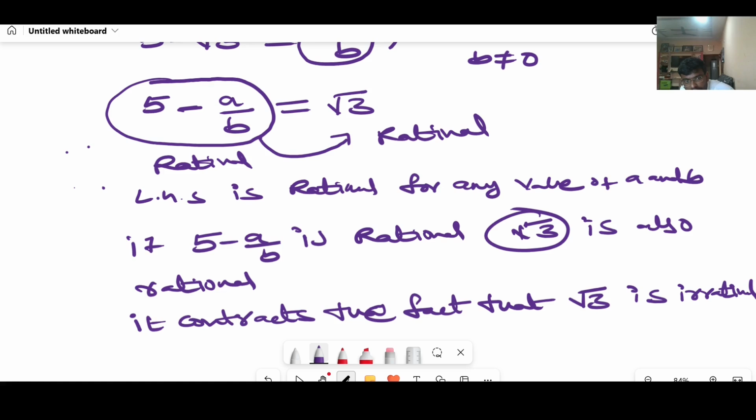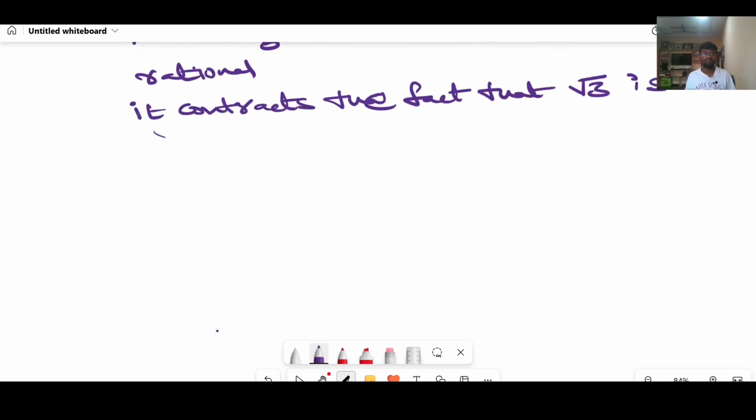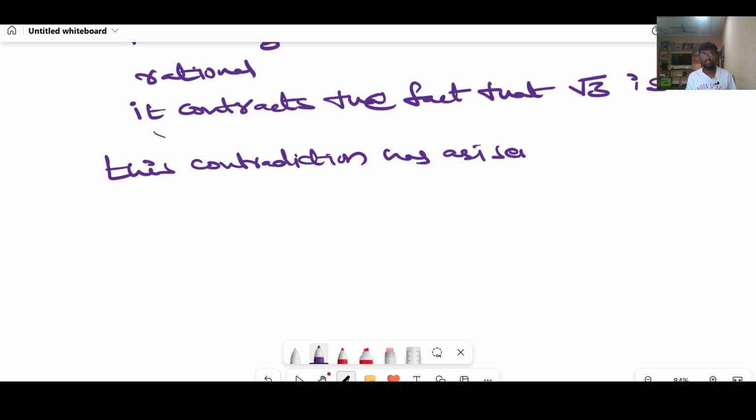Why has this contradiction arisen? Due to our assumption. What is our assumption first? 5 minus root 3 is rational.